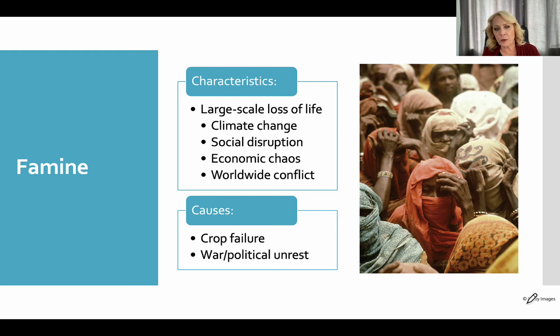They've had issues with this in the past, and they have a coup of their government. And now the new government comes in, and they are trying to take over land. And now farmers are displaced, and this leads to crop failure. It leads to famine. And of course, because of this, you have a lot of loss of life.